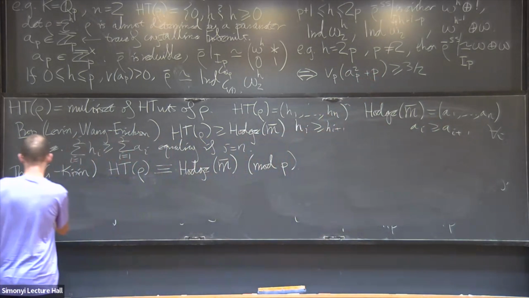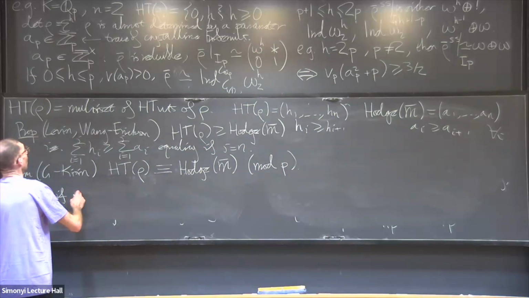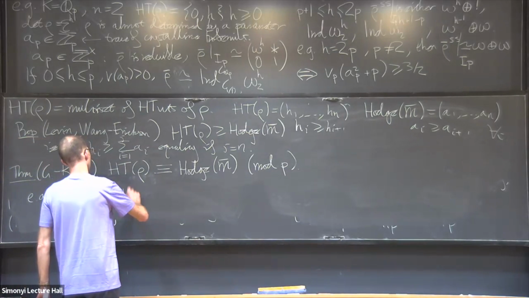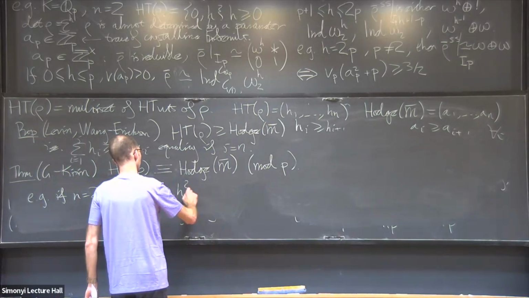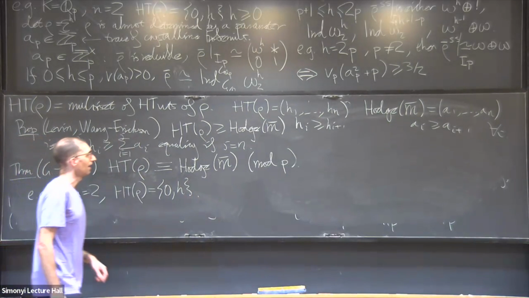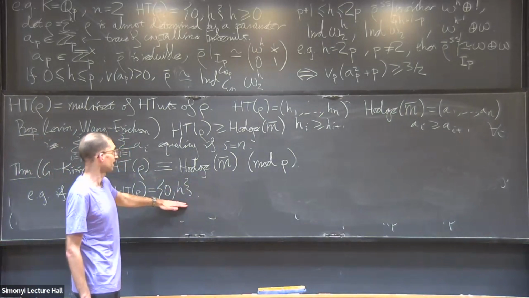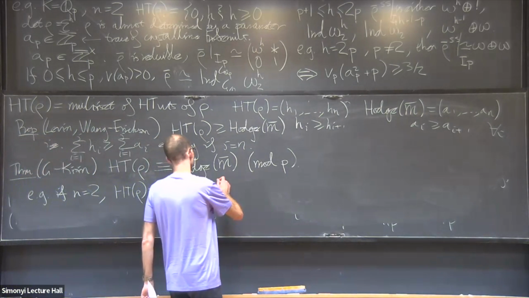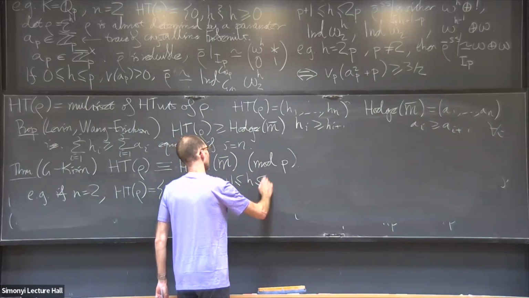And so maybe I should explain that. If n equals 2, and the Hodge-Tate weights of rho are, in the setting I had above, 0 and h, then what I'm saying is that the Hodge things have to be congruent to this mod p. And so maybe let's do the case that p plus 1 is less than or equal to h, which is less than 2p.